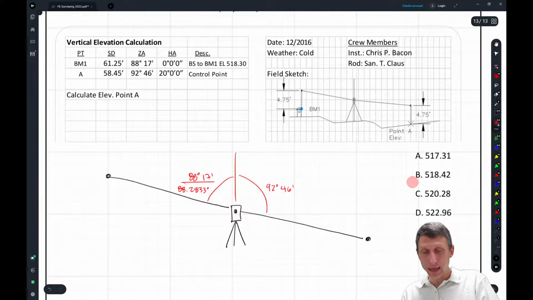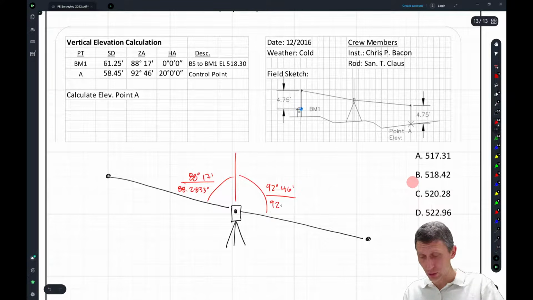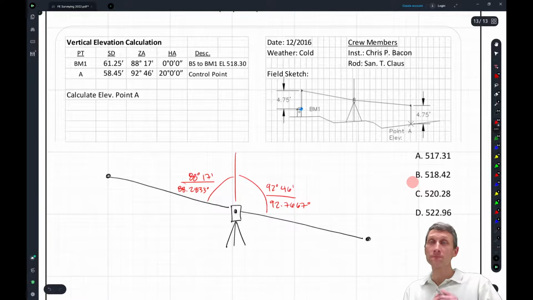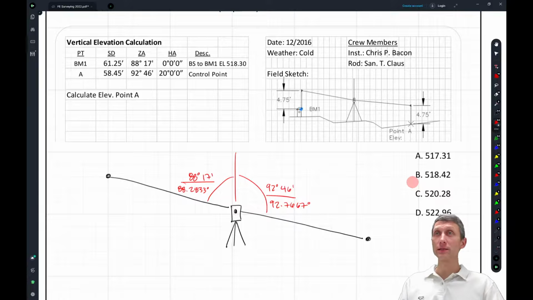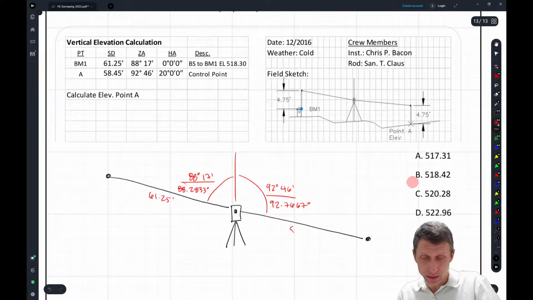Similarly, I can do the same for 92 degrees 46 minutes, which gives me 92.7667 degrees. That's the least of our worries. We also know this slope distance is 61.25 feet, and this slope distance is 58.45 feet.